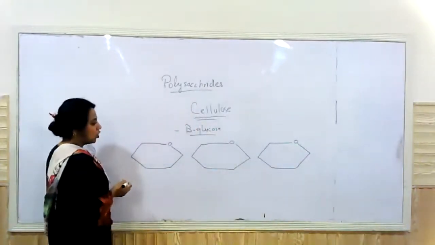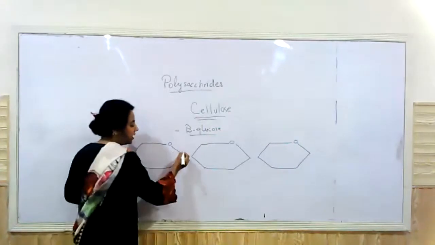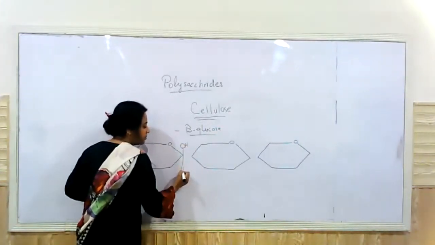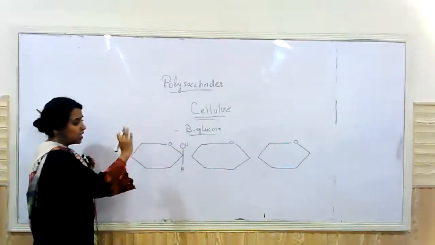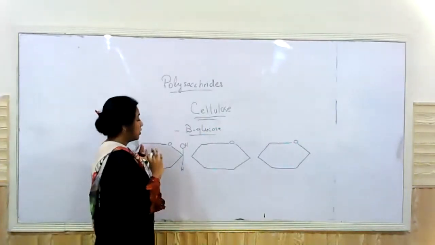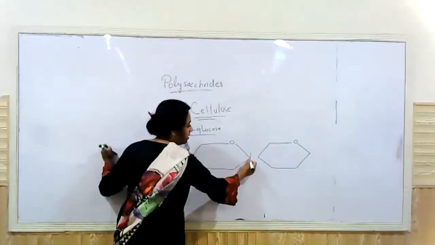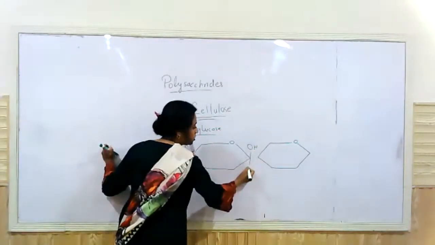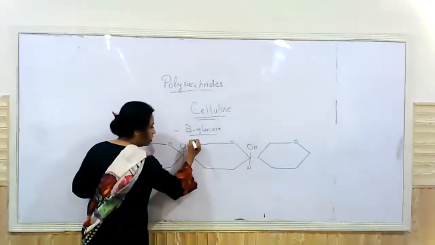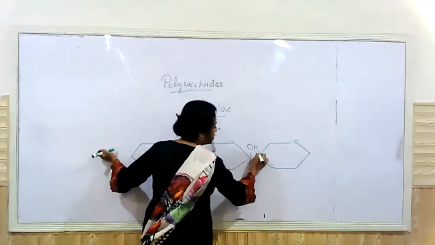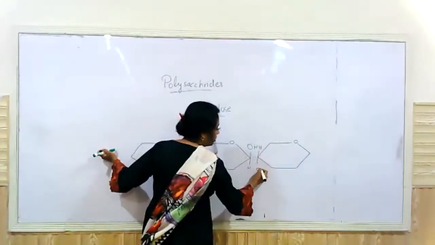So in the case of the beta glucose, what happens? At carbon number 1, the OH is above the plane. I'm not drawing other atoms, I'm just writing the ones that are related to the reaction, right? So here, carbon number 1 has the OH above the plane. But at carbon number 4, it's the normal, below the plane, right? Here also at carbon number 4, it's normal, below the plane.